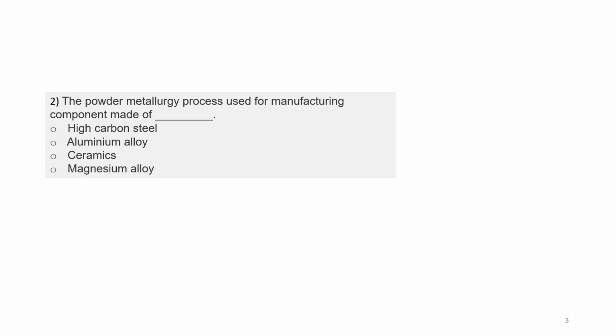Next question is the powder metallurgy process used for manufacturing components made of. Your options are high carbon steel, aluminum alloy, ceramics, magnesium alloy. Try to answer.